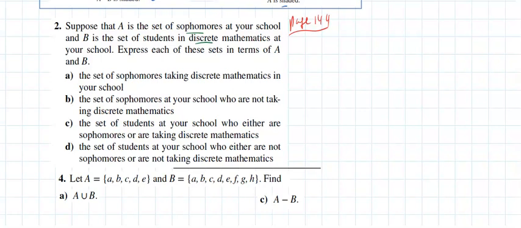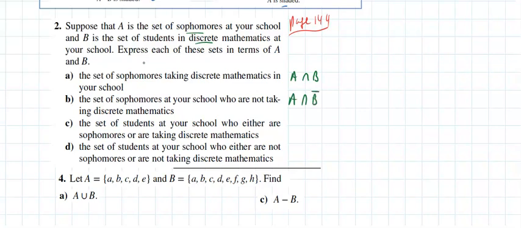Express these sets in terms of A and B. So, the set of sophomores taking discrete math in your school, that's both. That's A intersected with B. That's students that are sophomores and taking discrete math. The set of sophomores at your school who are not taking discrete, so A intersected with not B.